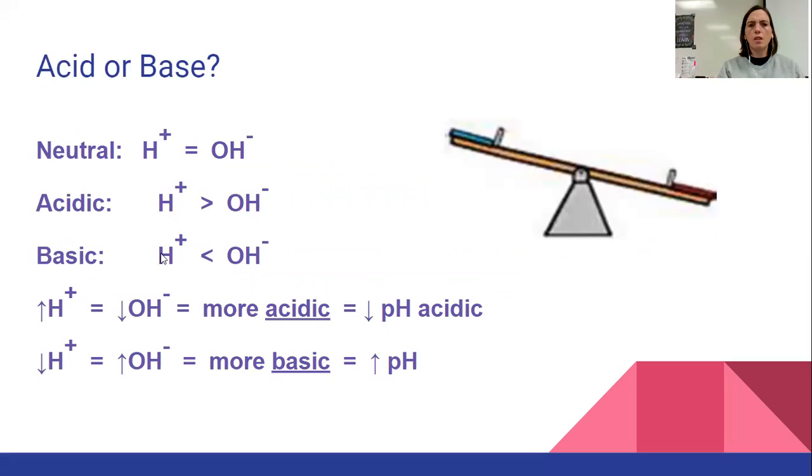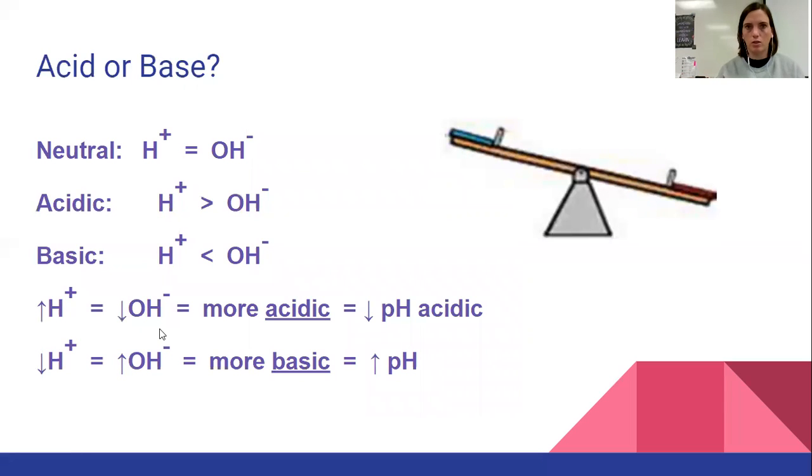Okay. So this can kind of help you determine if something is an acid or a base. Something is neutral like water if it has equal hydrogen and hydroxide ions. It's acidic if it has more hydrogen ions than hydroxide ions. It's basic if it has less hydrogen ions than hydroxide ions. Okay.